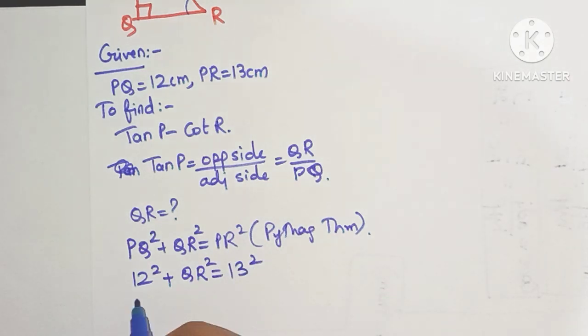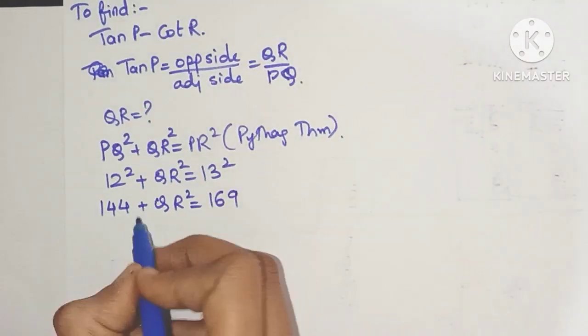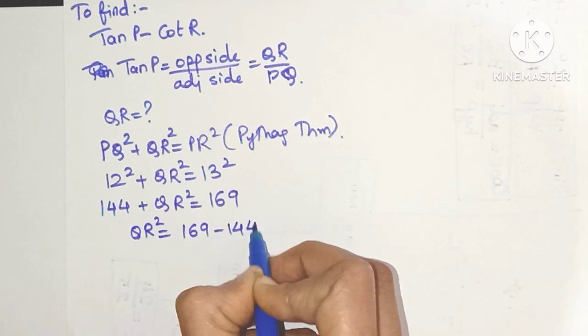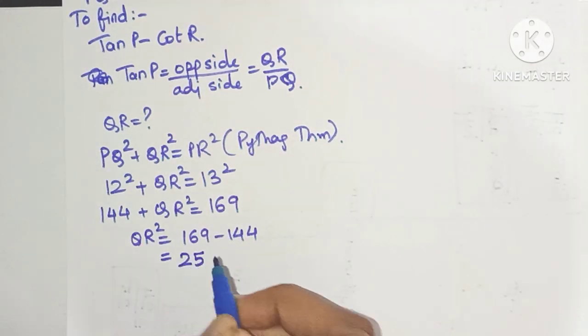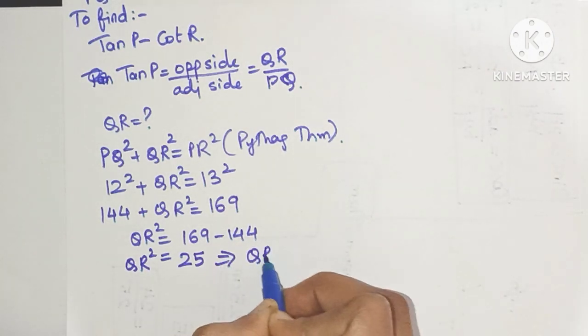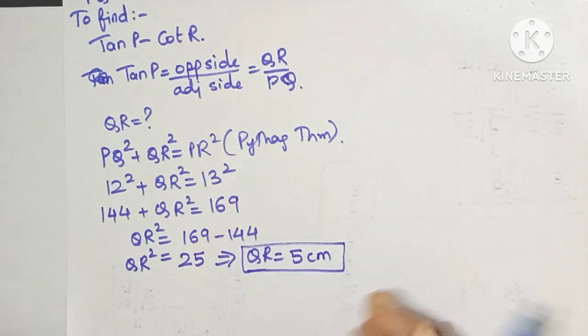PR square is 13 square. So this is 144 plus QR square, 169. So just shift 144 to the other side and we get 25 over here. So QR square is 25. What does that mean? QR has to be equal to 5 centimeters. Okay, so our job is done.